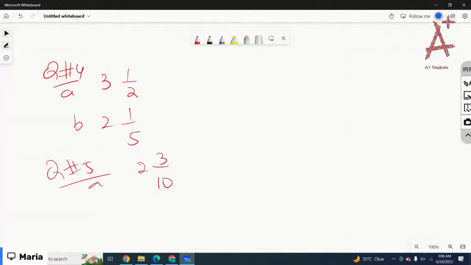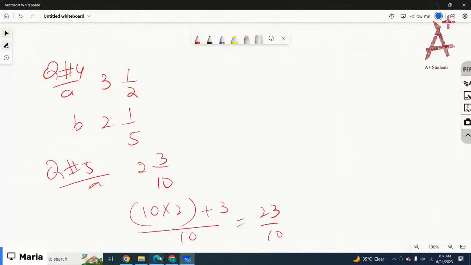You multiply the denominator and the whole number, 10 times 2, then add the numerator and divide by the same denominator. 10 times 2 is 20, and 20 plus 3 is 23. So it would be 23 over 10.